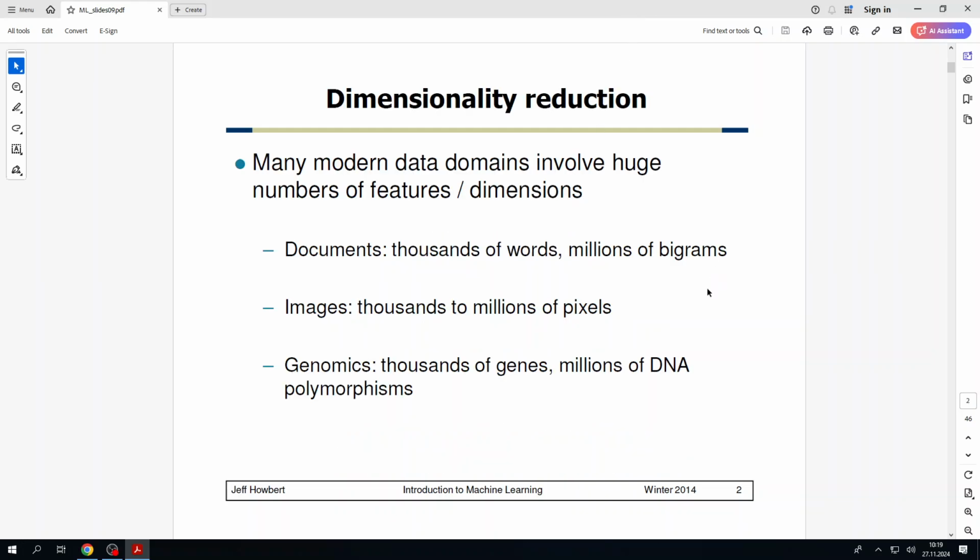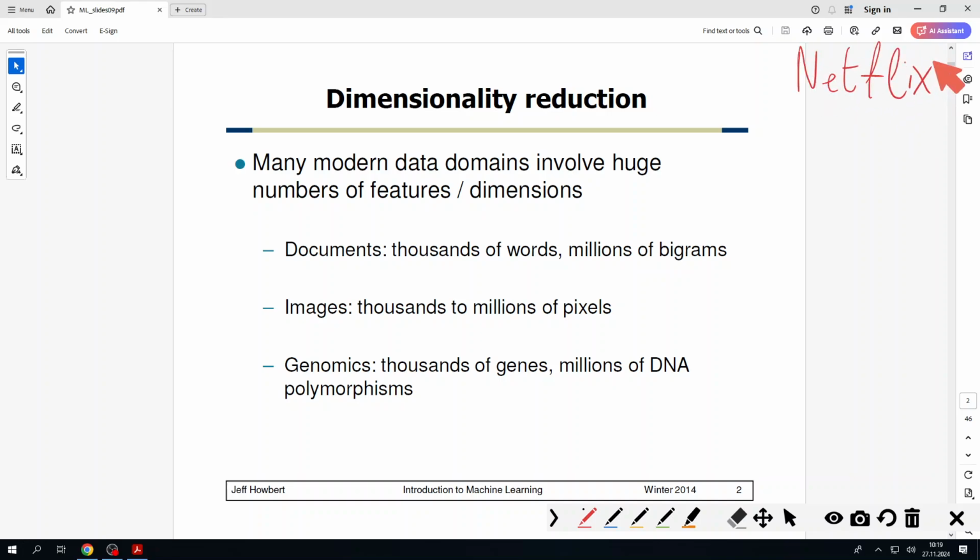As I explained last lecture, let me quickly draw up this same example of Netflix. Quite commonly, we have a situation where you have a lot of redundant features which are not necessarily available for all data sets.